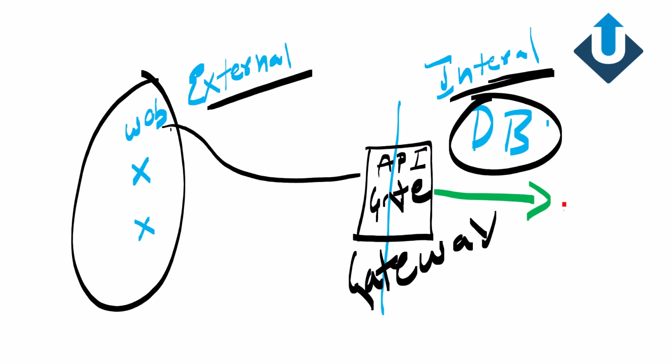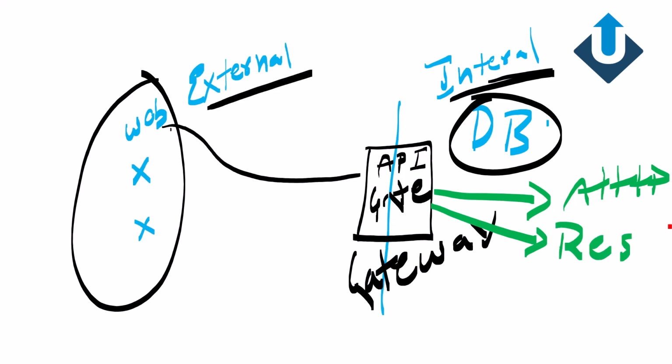If we want, we can configure an HTTP API, or else we can configure a REST API, or we can configure a WebSocket API, or we can work with internal services with AWS.